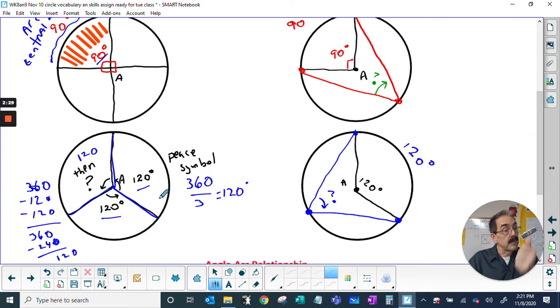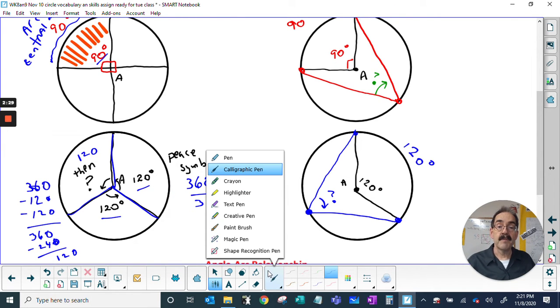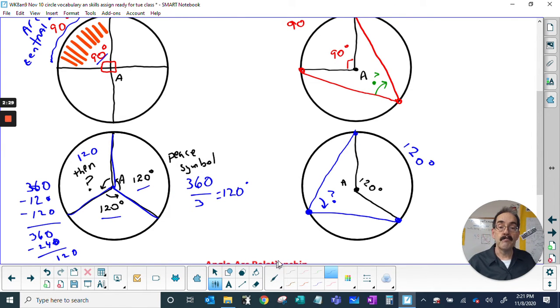Well, the arc has to be the same. So let's just label that. Grab a little blue highlighter here. That arc must be 120. This arc must be 120. This arc must be 120 degrees.